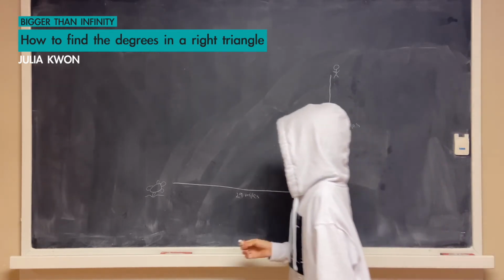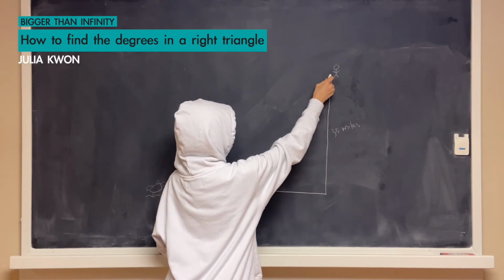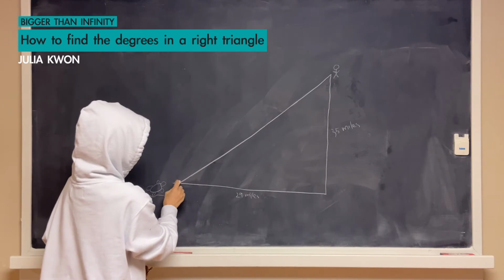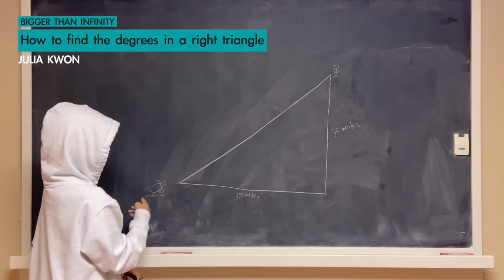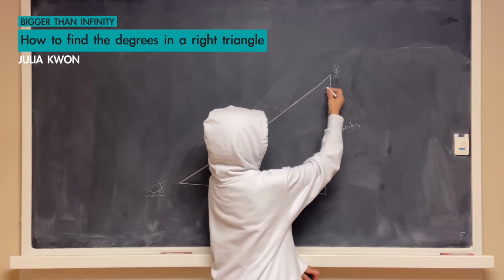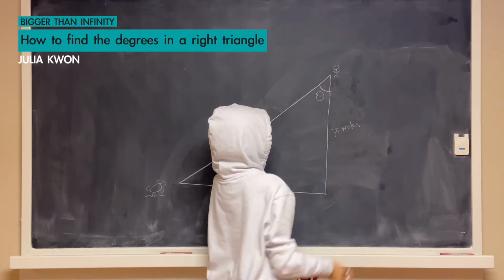And so now he's going to have to figure out at what angle he needs to have his binoculars faced in the direction to be able to see what he saw, which is the turtle. So this is the degrees, or the theta.